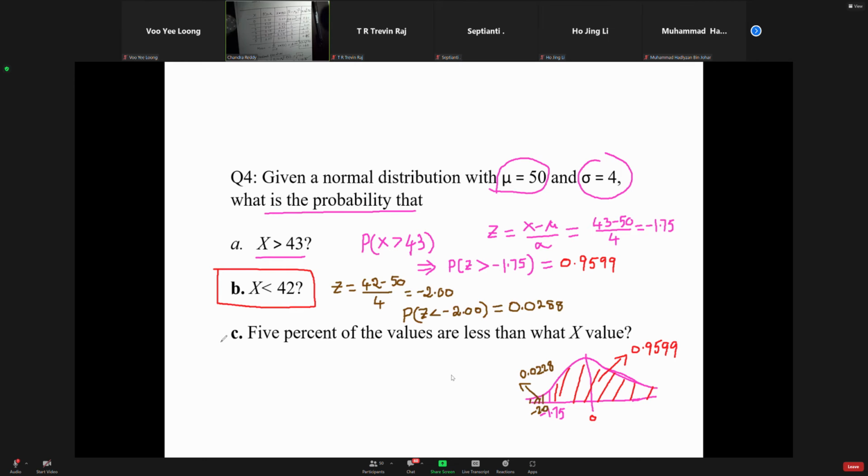Now, can someone answer the next part of the question, part C? 5% of the values are less than what value of X?